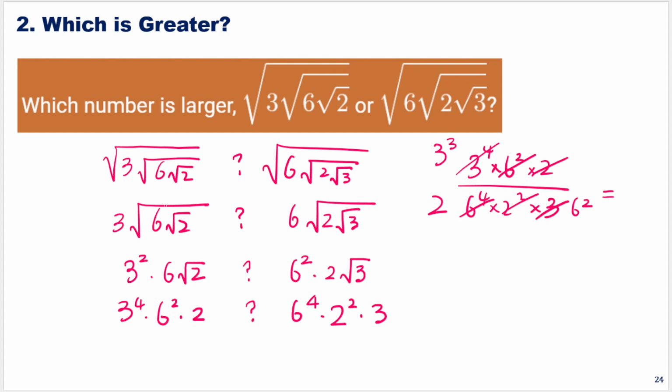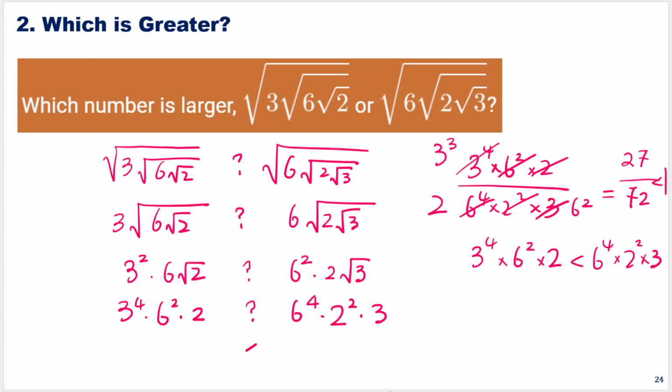And this means we have 27 over 72, right? You don't even have to calculate this number here. Well, 27 over 72 is less than 1, right? Which means 3 to the power 4 times 6 to the power 2 times 2 must be less than this number here, right?